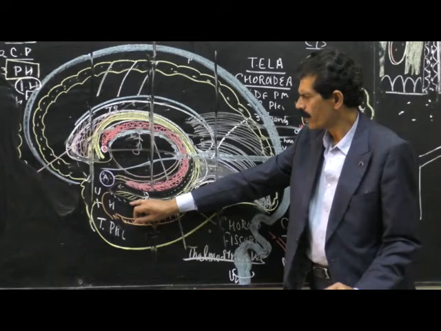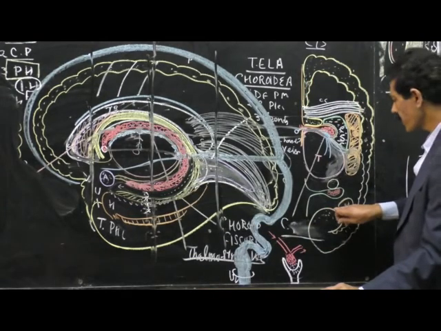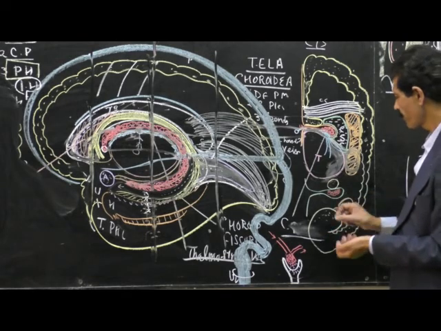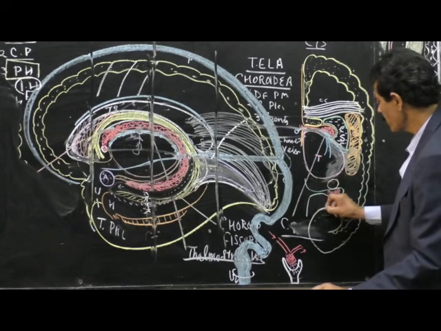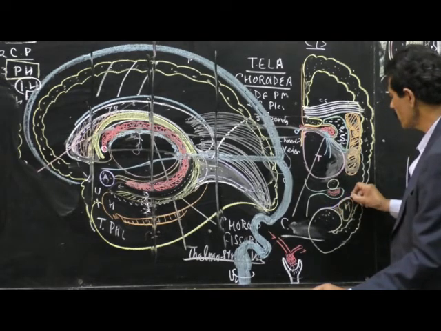And from the hippocampus, what is coming out? From the parahippocampal gyrus, from the dentate gyrus, and from the hippocampus, superior to all of them, what is coming is the alveus. And this alveus then forms what is called the fimbria of the fornix.